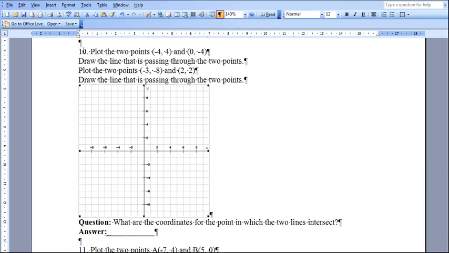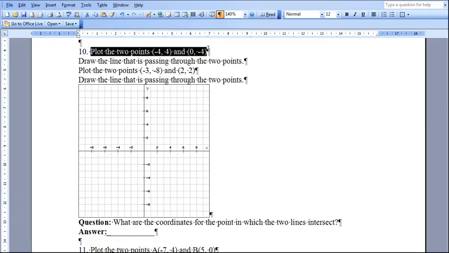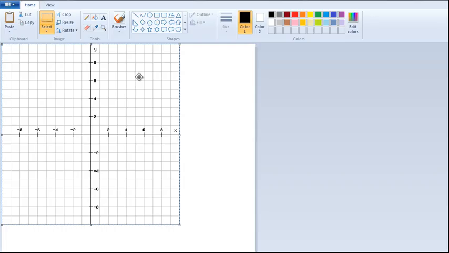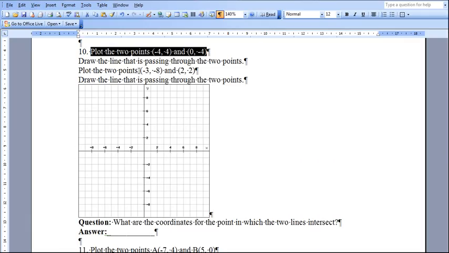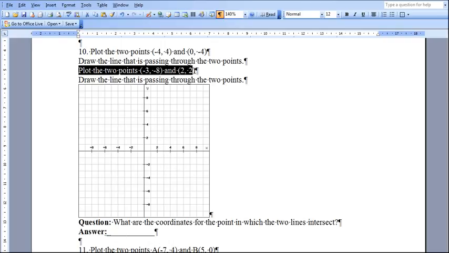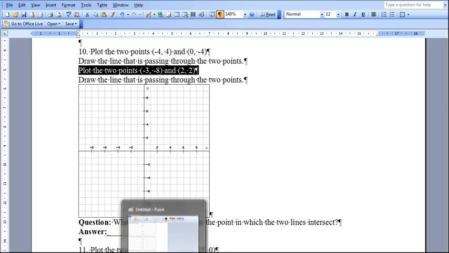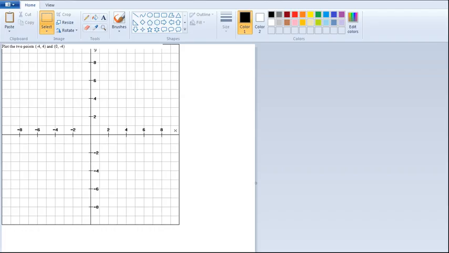I'll just copy these values, these 2 points, and then plot these points. Remember, we have to draw lines. Okay, so it has to be the line with the arrow.